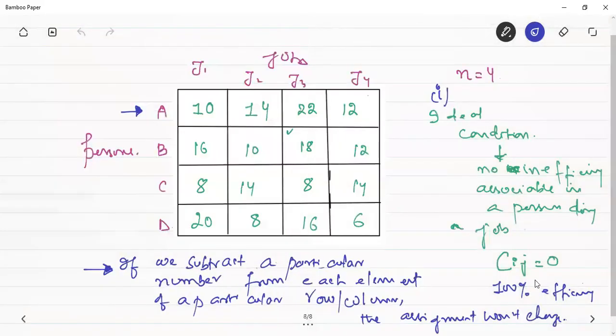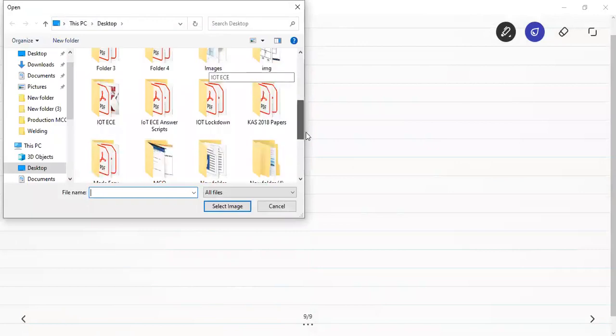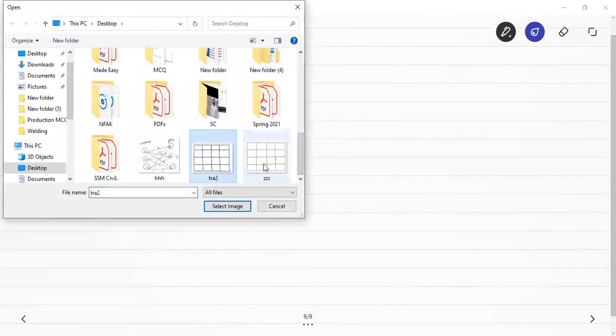So if we apply the first step on this table, we have to subtract from each element of each row the smallest entry of that row.